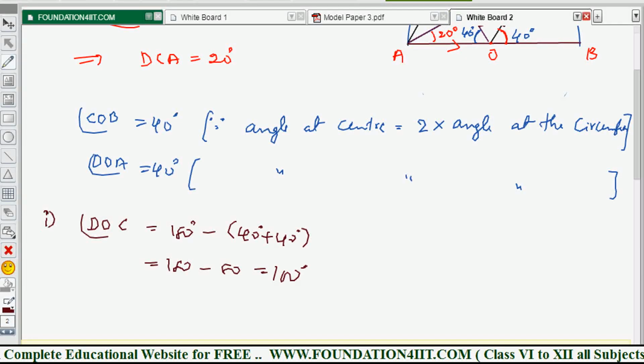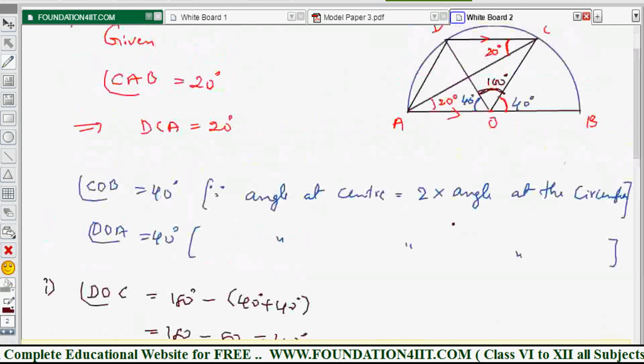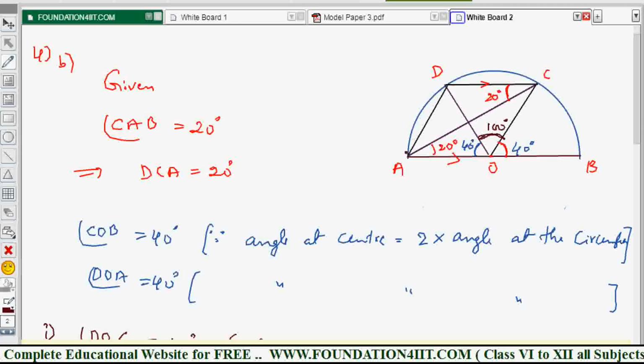That is the first one, and the next one is DAC. See here, where is DAC? This angle we need to find out. DAC is nothing but half of DOC. Let me write the given data. Same concept: the angle at the circumference is equal to half of the angle at the center.